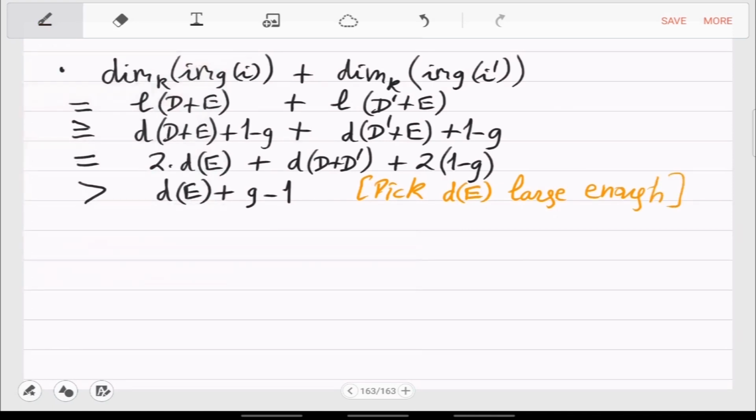Right, I am allowed to do this because big D and big D prime are fixed divisors. We fixed them in the proof. E is free, so I can just pick a very big positive divisor, so that DE compensates for this negative contributions of 2 1 minus G, and the whole sum is at least degree of E plus G minus 1.